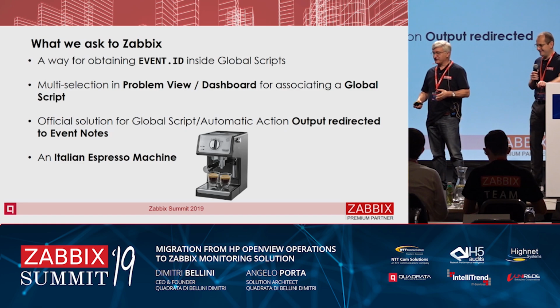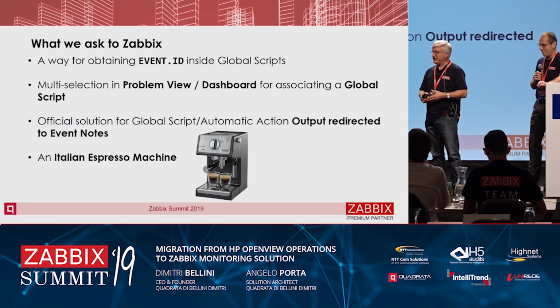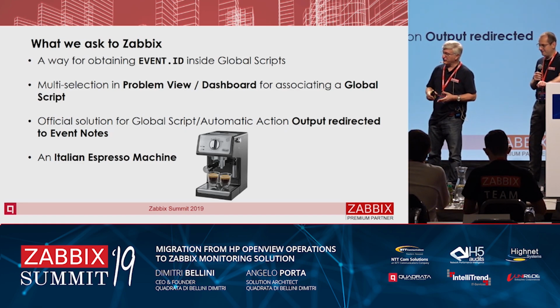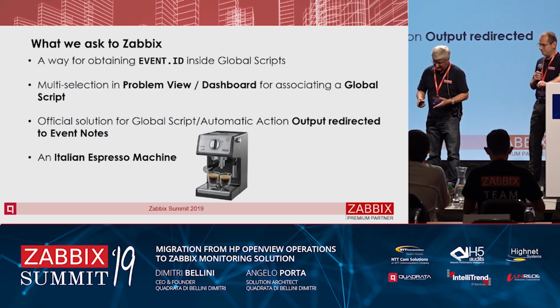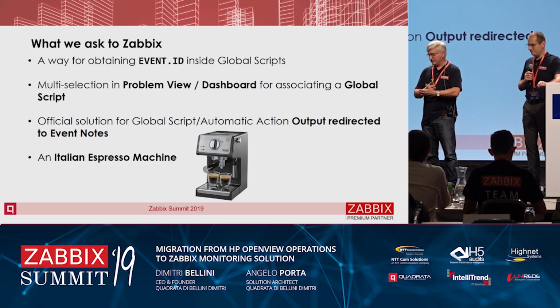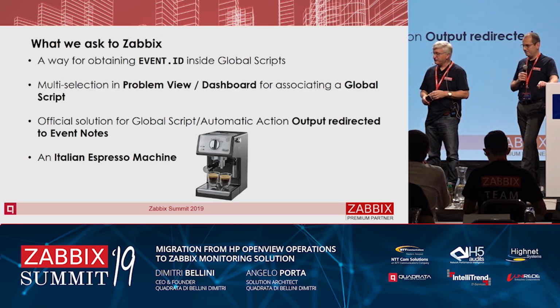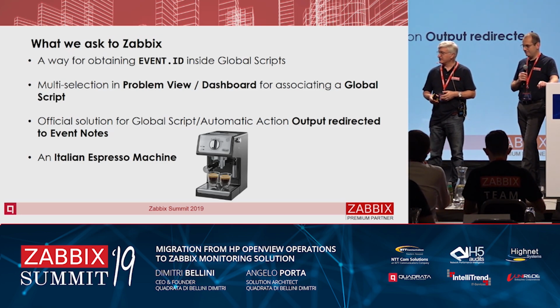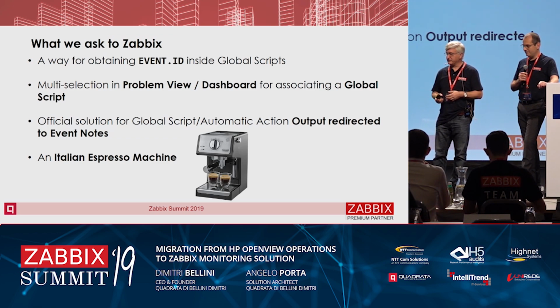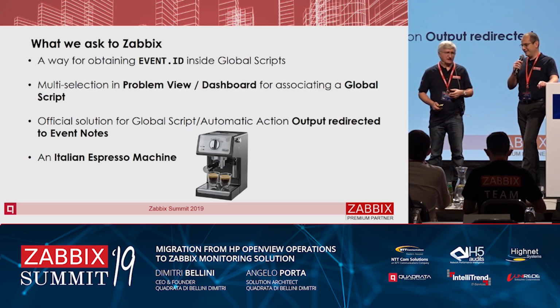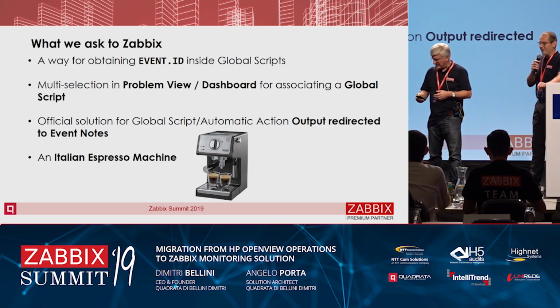So what we asked to add to Zabbix: a way for obtaining the event ID inside the global script, a multi-selection in the problem view for manual handling, an official solution to redirect the global script output into the event note, and also an Italian espresso machine that could help in this way.